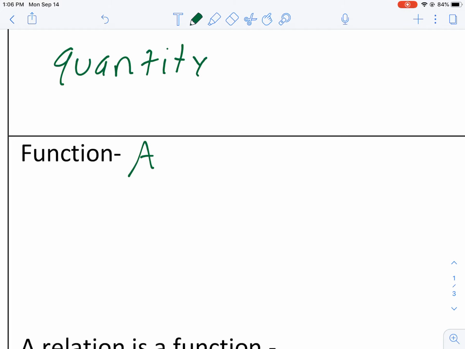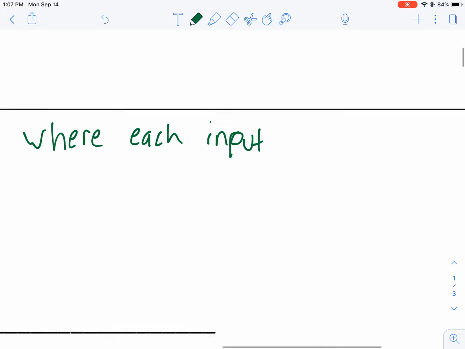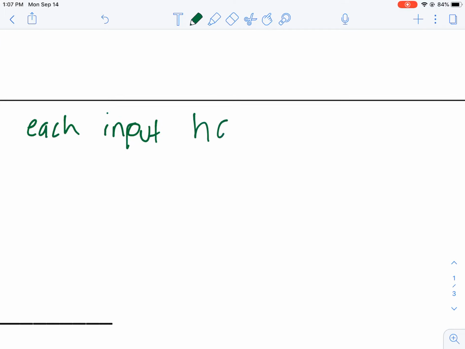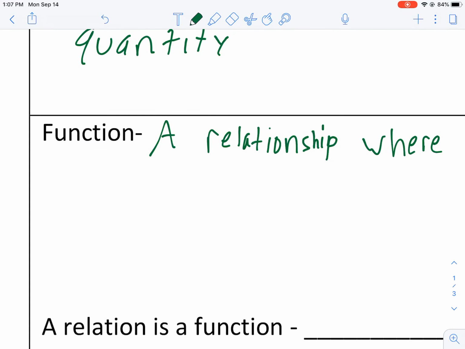Well, a function is a relationship, a mathematical relationship where each input has exactly one output, all right?